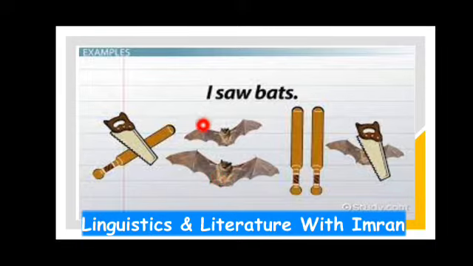If you tell someone that I saw bats, a person may perceive animals like mice with wings, or pieces of wood with handles. So here we have an example of lexical ambiguity, and that is the word or lexeme bats.